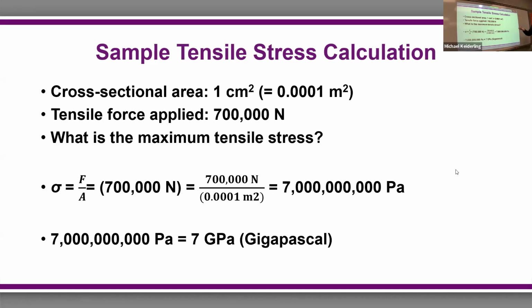And the maximum tensile stress is going to be 70,000 newtons divided by 0.001 square meters, or 7 billion Pascal, or 7 gigapascals. So lots of mega and gigapascals you'll encounter when we talk about stresses.